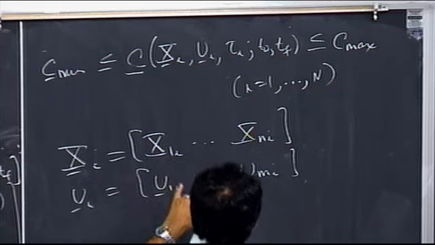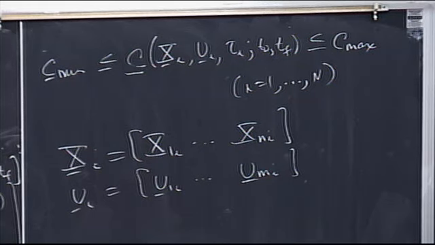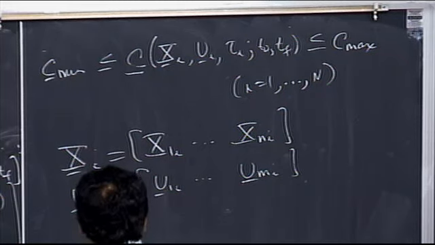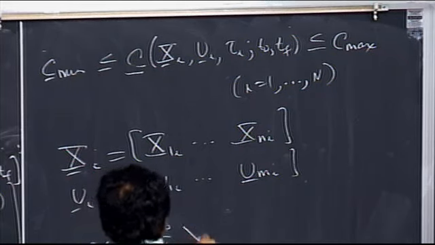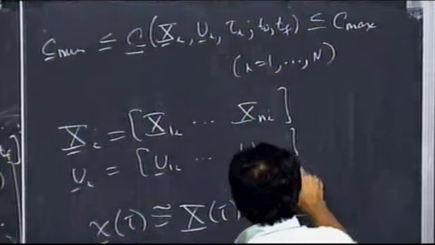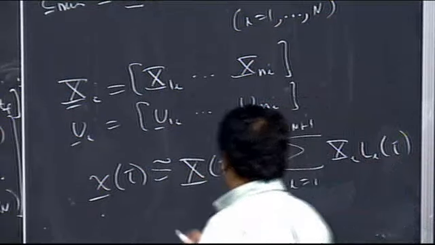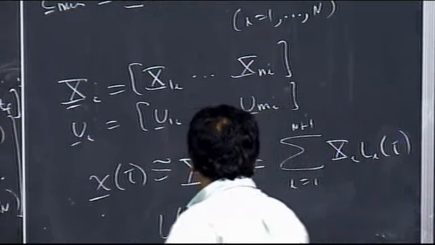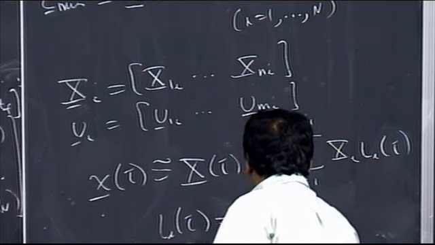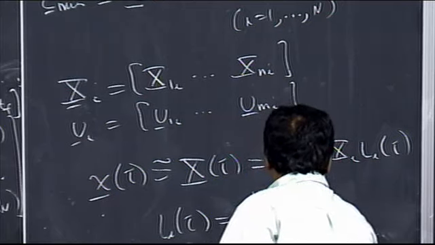Where these values for the state come from the approximation that I used, the Lagrange polynomial approximation, where I said that the state x of tau is approximated by capital X of tau, which is equal to the sum from i equals 1 to n plus 1, xi, li of tau. And these Lagrange polynomials, li of tau, are equal to the product from j equals 1 to n plus 1, where j is not equal to i, of tau minus tau j, all divided by tau i minus tau j.